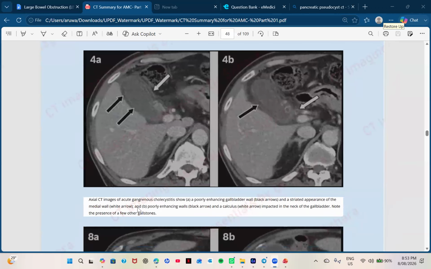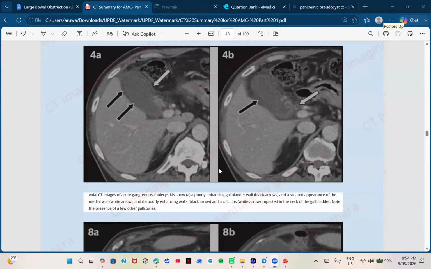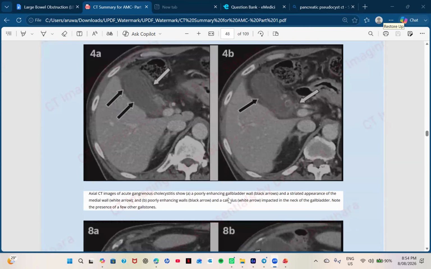Here, the axial CT image of acute gangrenous cholecystitis, and you can see the wall as well. Where's the enhancing gallbladder wall, the black arrow? Can you see the enhancing gallbladder here?